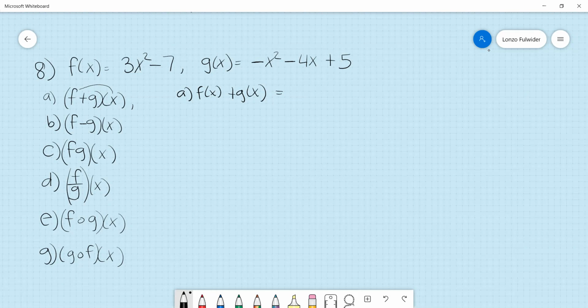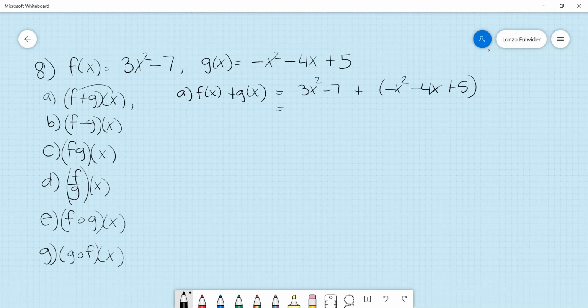We already know our function f of x is 3x squared minus 7, so it's going to be 3x squared minus 7, and then plus g of x. So g of x is this whole thing. If you want, you could use parentheses so you won't get confused. Now it's all about combining like terms.